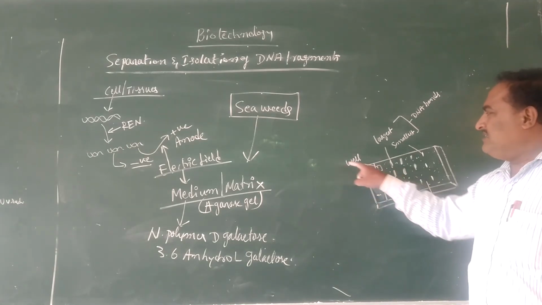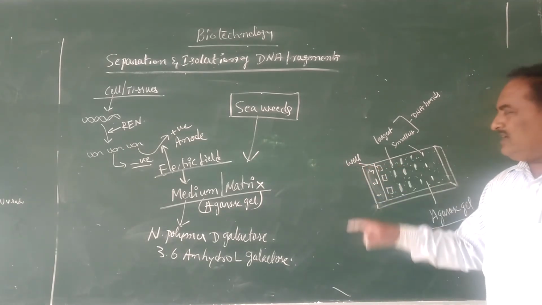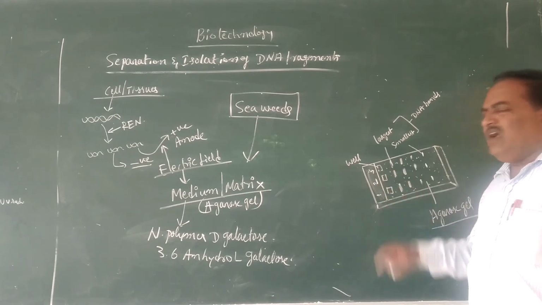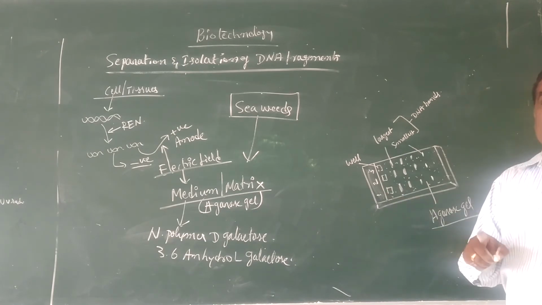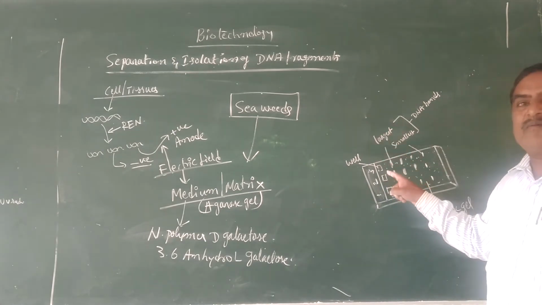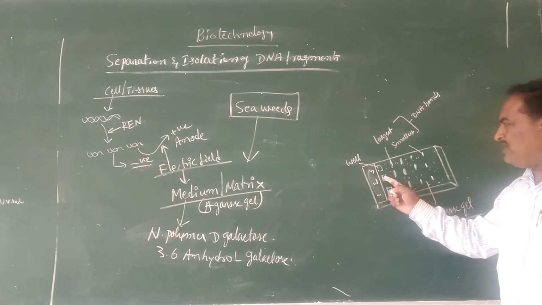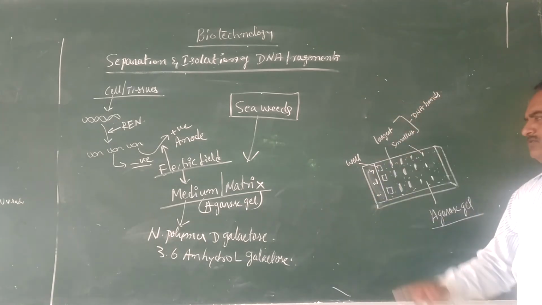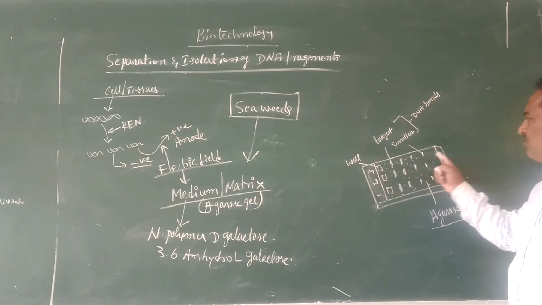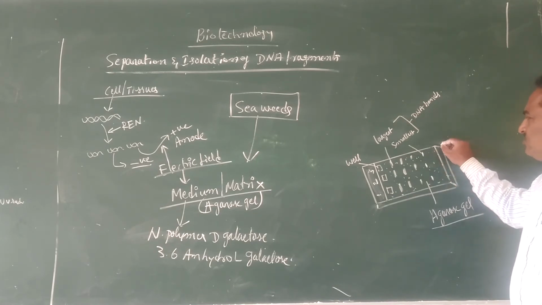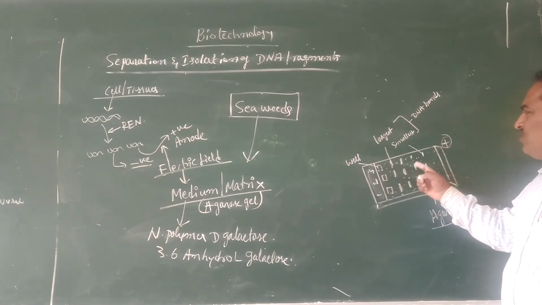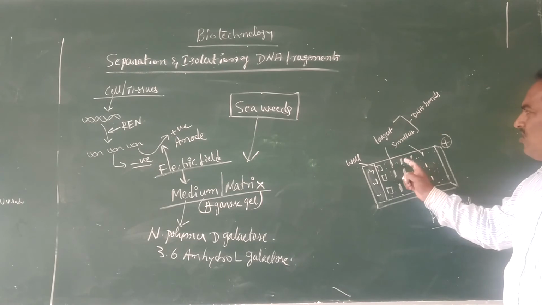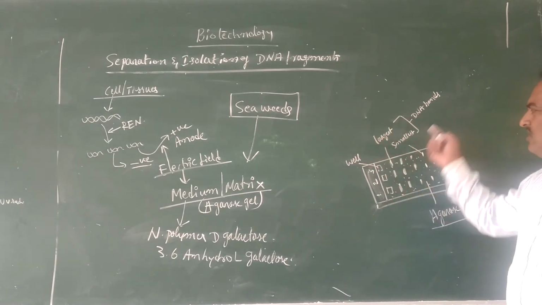Inside the wells, the sample is loaded. In that sample, there are cut DNA fragments. The DNA fragments are always negatively charged, therefore they move towards the positively charged anode. The DNA fragments are separated based on their length.